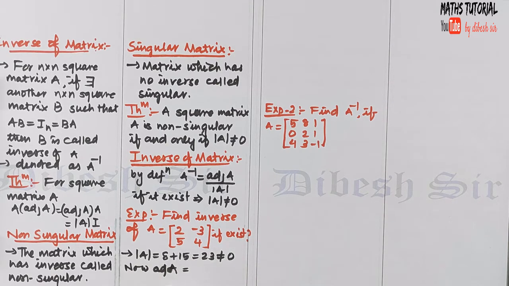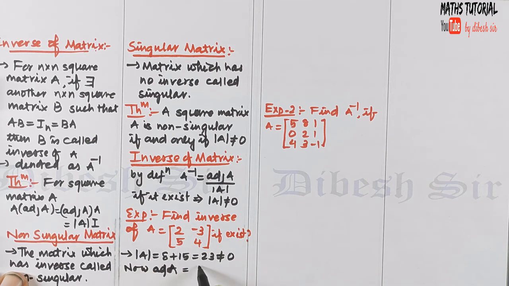So now adjoint A. For 2 cross 2, we know adjoint A is equal to: we have to reverse the principal diagonal, that is 4 and 2, and change the sign of the other entries, that is 3 and minus 5. This is our adjoint A.